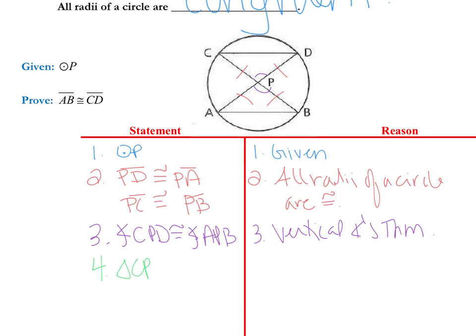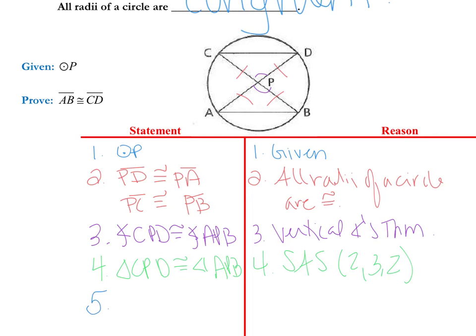So triangle CPD is congruent to triangle APB by side angle side, and the order would be 2, 3, 2. But we're not done with the proof.